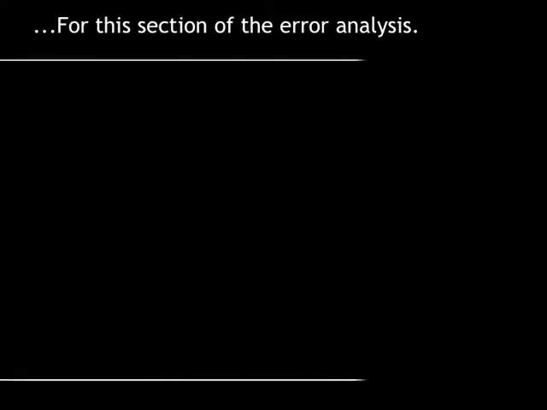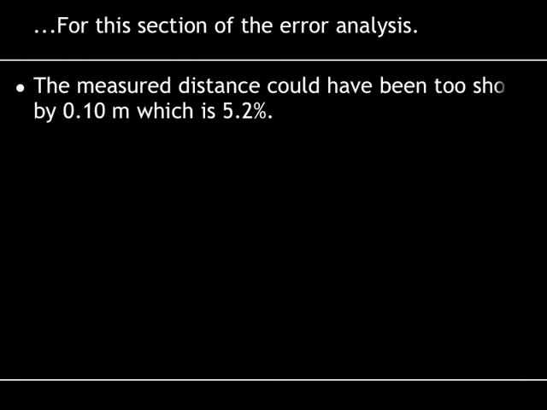So in this section of the error analysis, and every student does their own section and looks at their own variable, it would look like this for my 3 parts. First, I'm going to have some kind of statement. The measured distance could have been too short because I calculated 1.9, which is shorter than the given 2, by 10 centimeters, or 0.10 meters. Again, my calculations bear that out, which is 5.2%, so that's the error.